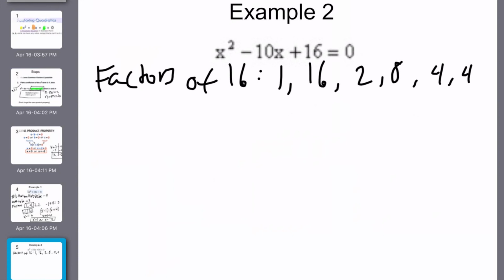So let's see here. I also know that all of these could be negative. So I could have negative 1, negative 16, negative 2, negative 8, negative 4, negative 4. Okay, I'll put some commas here. So I'm looking for numbers that multiply to be 16 and also add to be negative 10.